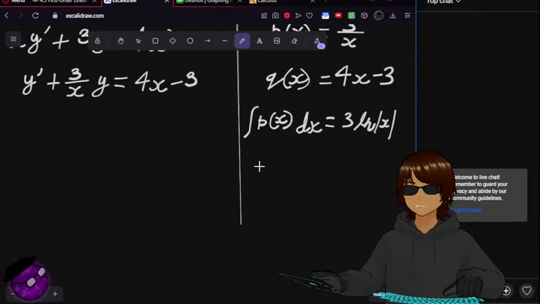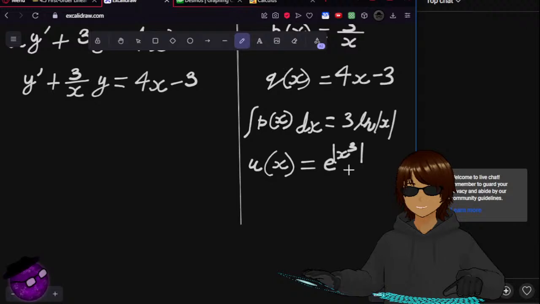Three ln of x. I guess e to the power of, x cubed, like that.